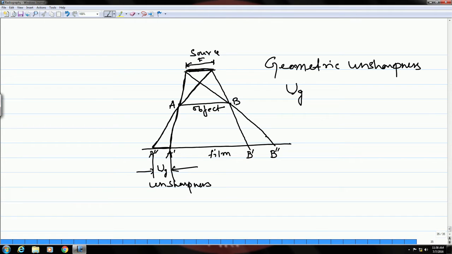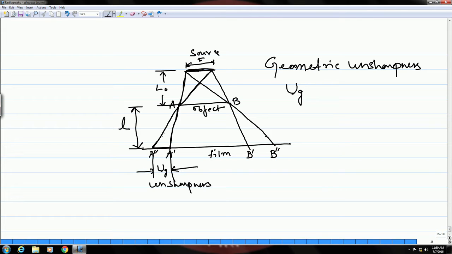So, the height for the first triangle, this one, is the distance between the source and the object, which we will call as L naught, and the height for the second triangle is the distance between the object and the film, which will indicate as small l. Okay.